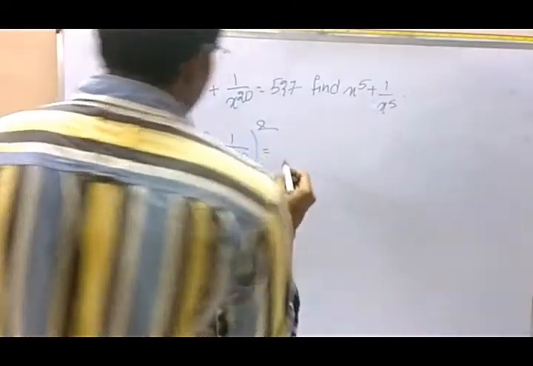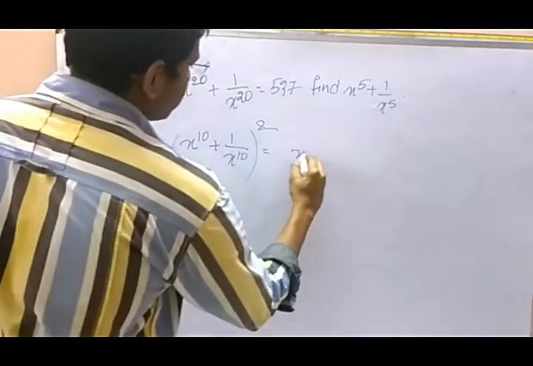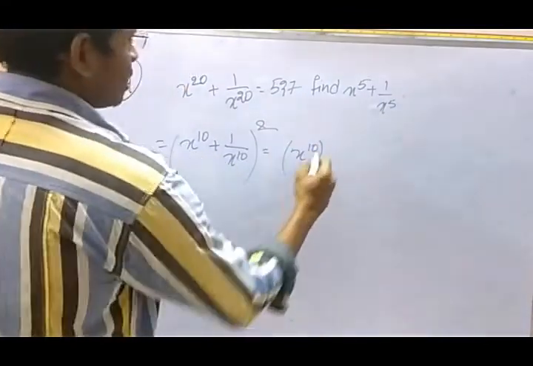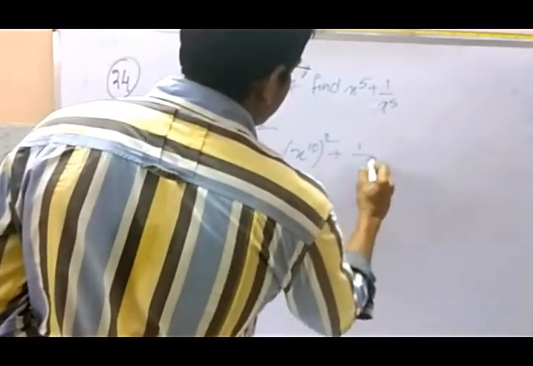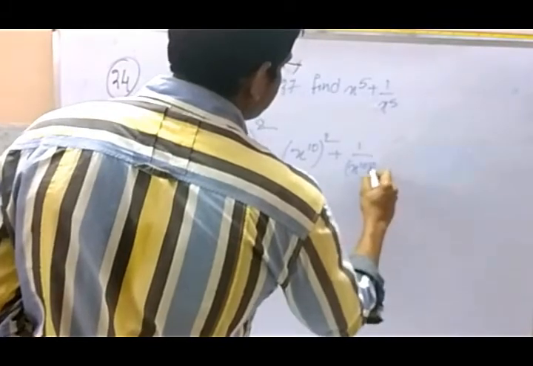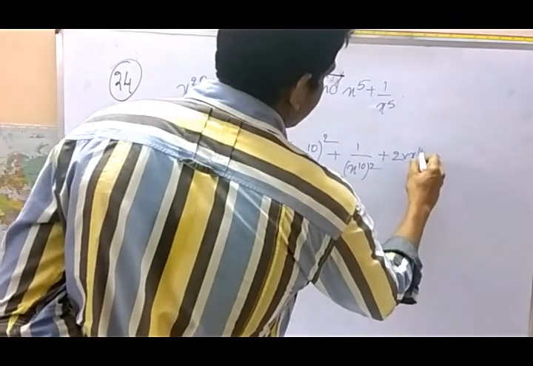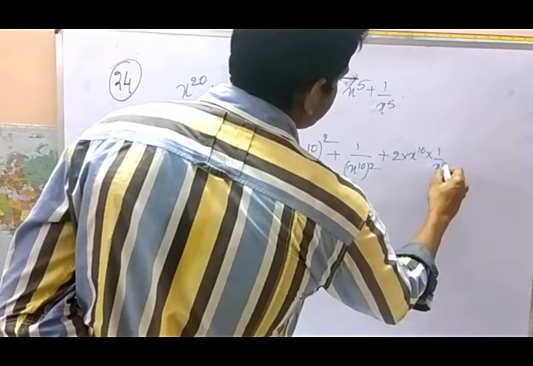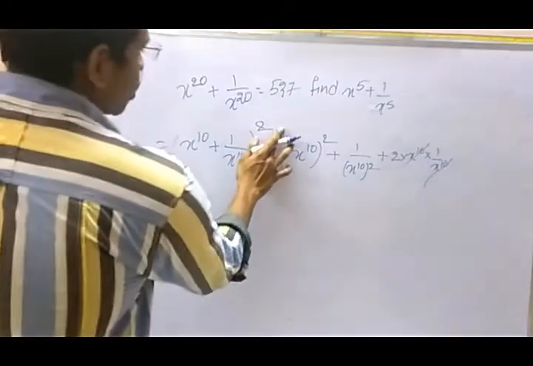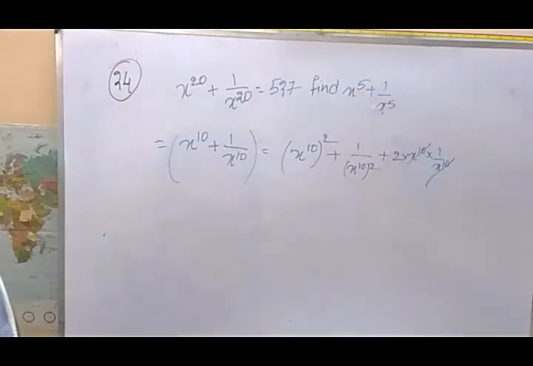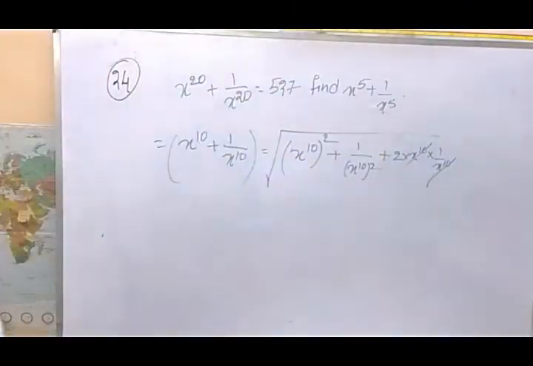What we require? x power 20. See, I will write easily. (x power 10) whole square plus (1 by x power 10) whole square plus 2 into x power 10 into 1 by x power 10. This x power 10 will get cancelled, and this square which is on the left side will go as root on the right side.